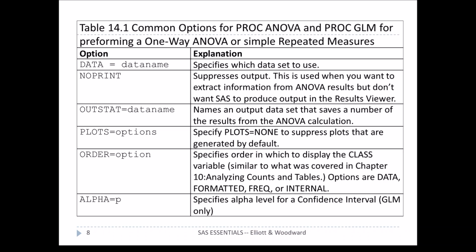PLOTS= specifies what plots to do. PLOTS=NONE suppresses the plots that are normally generated by PROC ANOVA. The ORDER= option is similar to what we saw in PROC FREQ, and specifies the order in which to display the class variable. And ALPHA=p, we've seen that, specifies the alpha level for a confidence limit or confidence interval.